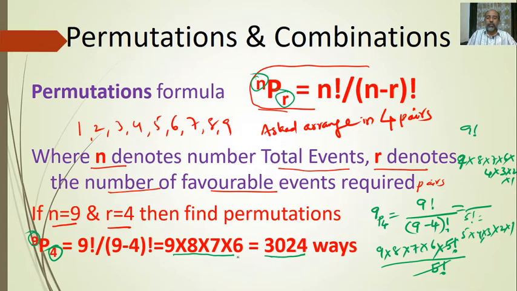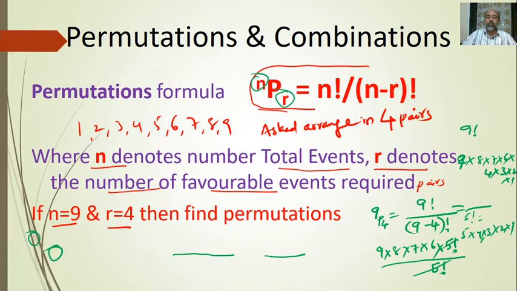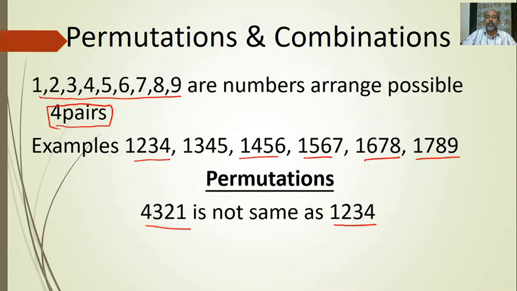Because permutations, as we explained in the previous slide, are combinations of numbers where 4, 3, 2, 1 is a different value and 1, 2, 3, 4 is a different value.